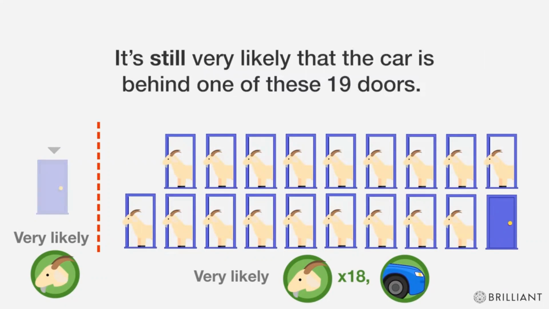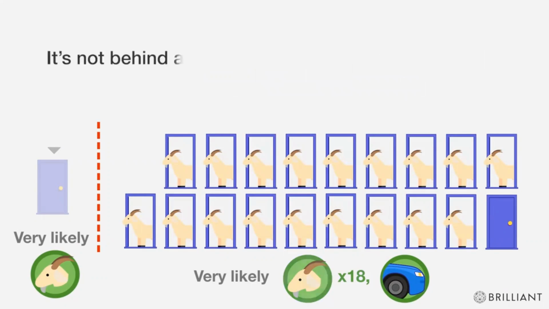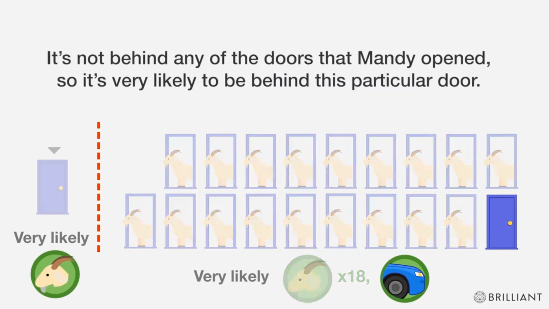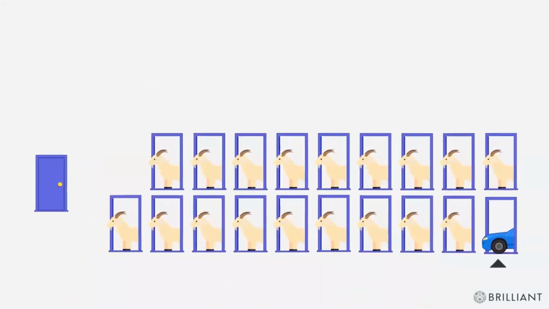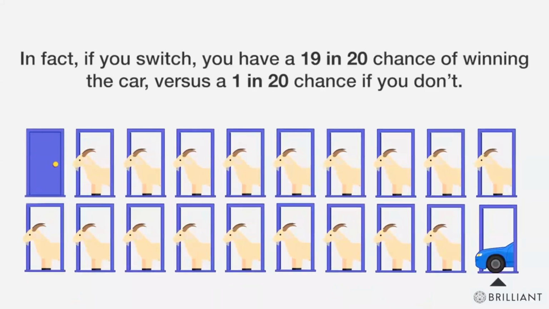It's still very likely that the car is behind these 19 doors. But it's not behind any of the doors that Mandy opened, so it's very likely to be behind just this particular door. So you should definitely switch to it. In fact, if you switch, you have a 19 in 20 chance of winning the car versus a 1 in 20 chance if you don't.